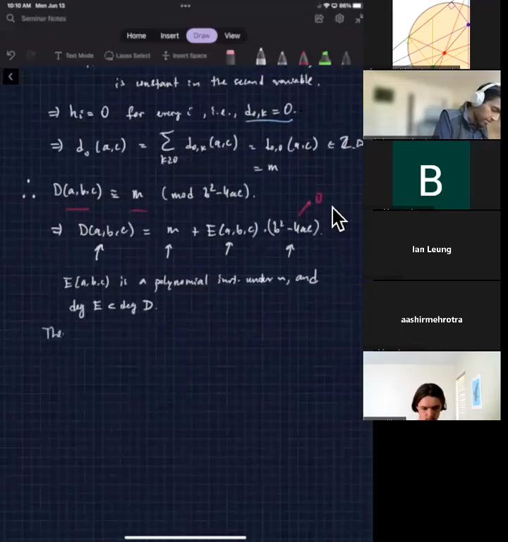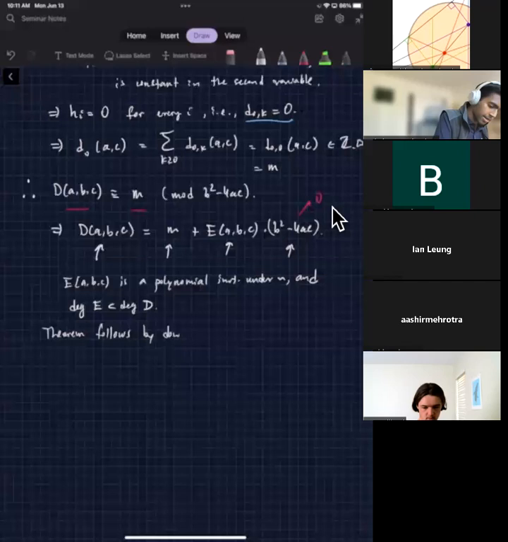And then the theorem follows by downward induction on the degree.